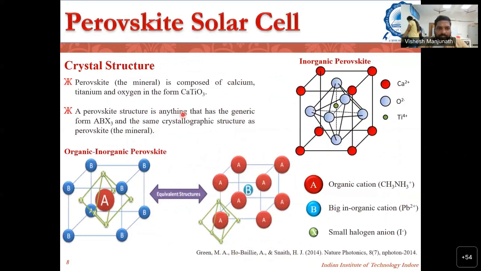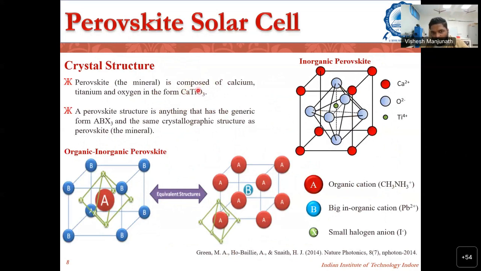When we talk about perovskites, it's a normal perovskite ABX3 structure, which follows the calcium titanate form, a body centered, face centered cubic. Here in calcium titanate, all are inorganic structures. But perovskite has both organic and inorganic parts in this structure.